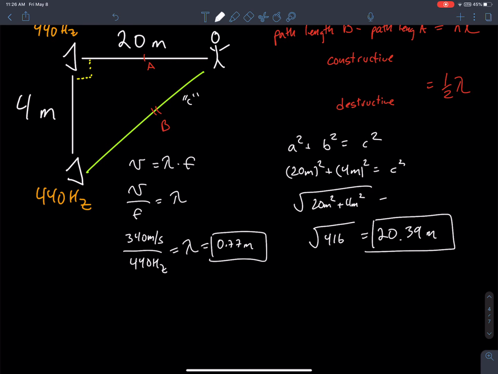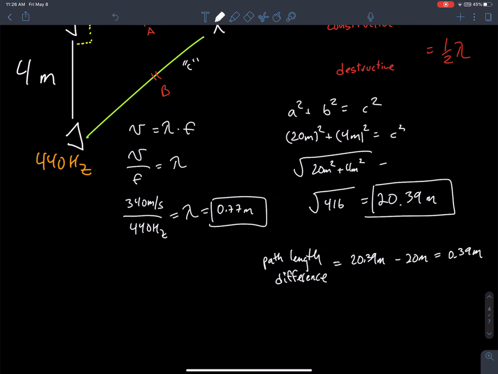So now to find the path length difference: the path length difference is equal to 20.39 meters minus 20 meters, which is equal to 0.39 meters. Now, is 0.39 meters a full wavelength, or a partial wavelength?